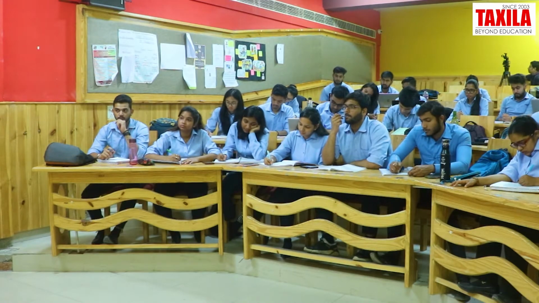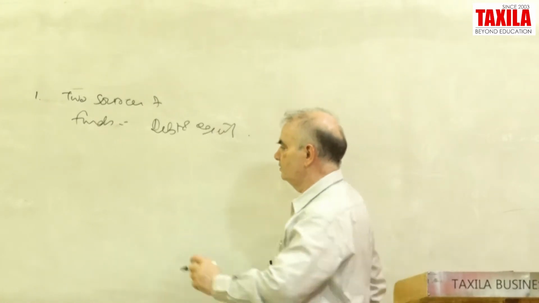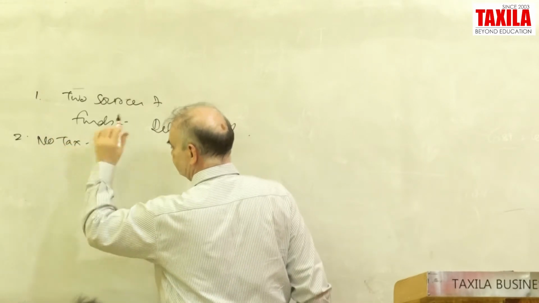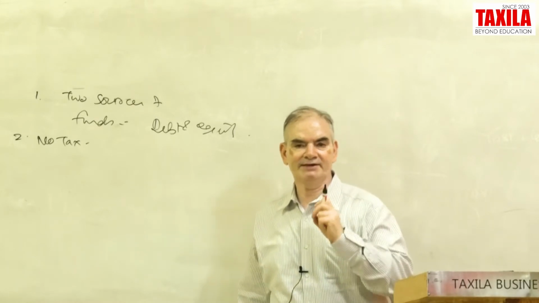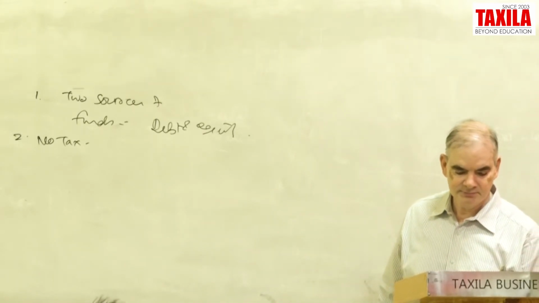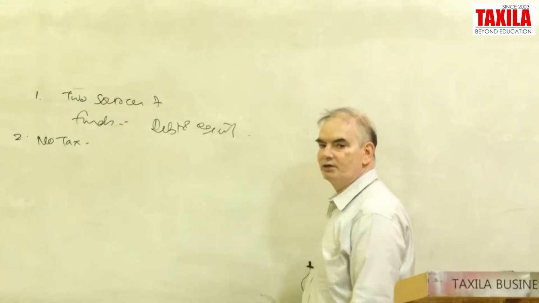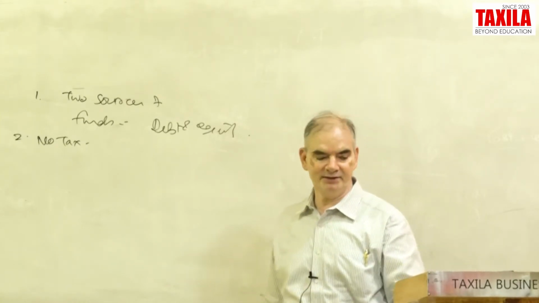The second set of assumptions which we believe is, no tax. We operate in a zero tax environment. Neither tax on the firm nor tax on individual. So no corporate tax and no personal tax. All right.